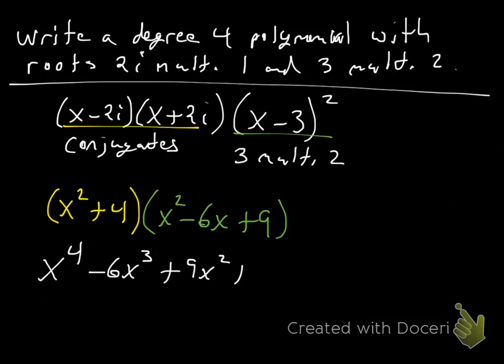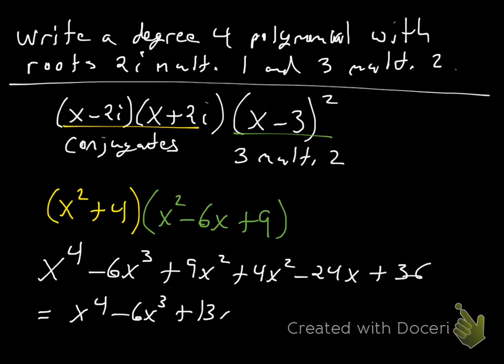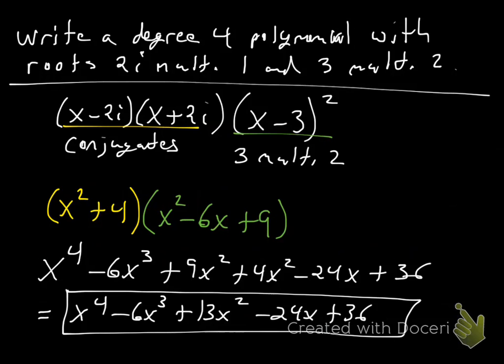And then 4 times x squared, 4 times minus 6x, 4 times 9. And then we'll combine our like terms, and after all that hard work, we have our polynomial. So working backwards from the roots, we constructed the polynomial that had those roots. Okay.